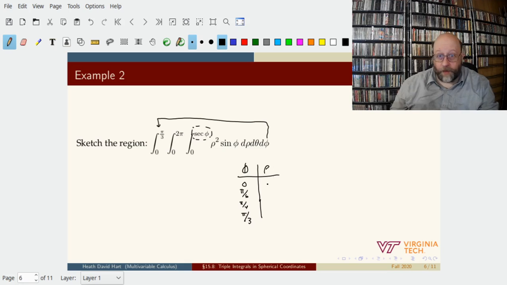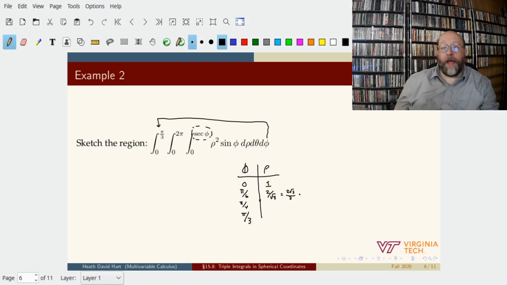And now let's look at the radius. Okay? So secant of phi is going to be 1 over the cosine of phi. And so 1 over cosine of 0 is 1. All right. Pi over 6. Cosine of pi over 6 is root 3 over 2. 1 over that is going to be 2 over root 3, which rationalizes to multiply by root 3 over 3, 2 root 3 over 3.